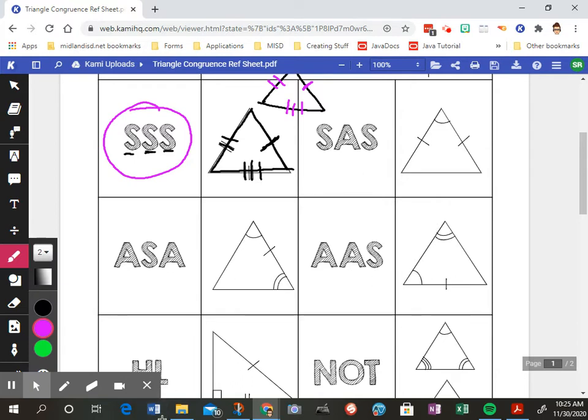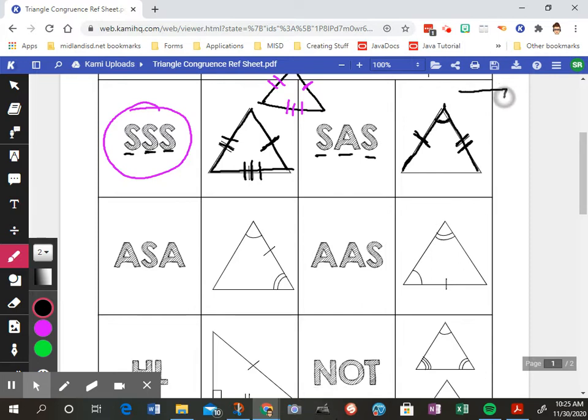Here's what we talk about: side, angle, side. I may spout out side, angle, side quite a bit because that's a very popular one. So side with a tick mark, angle, side. And this can have one or two markings on it.